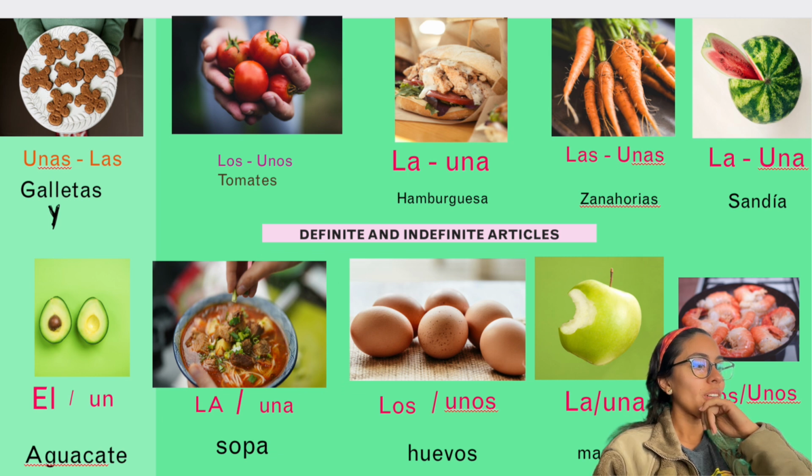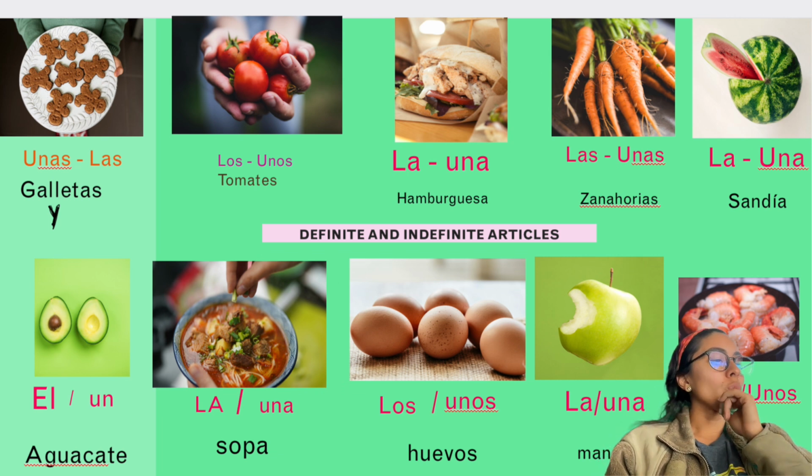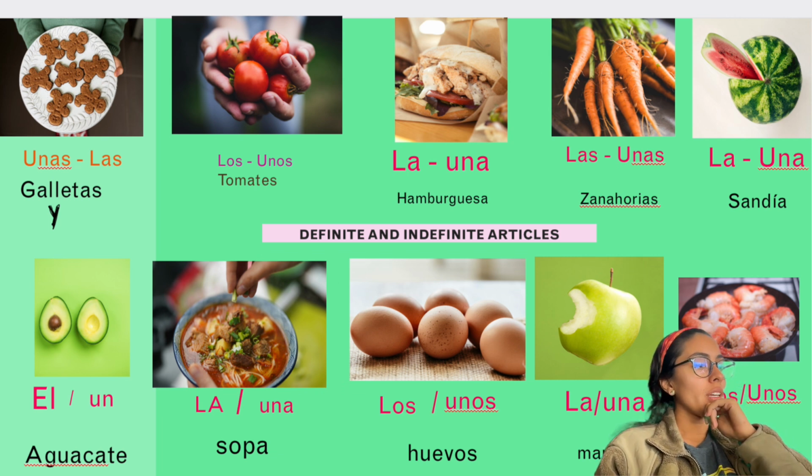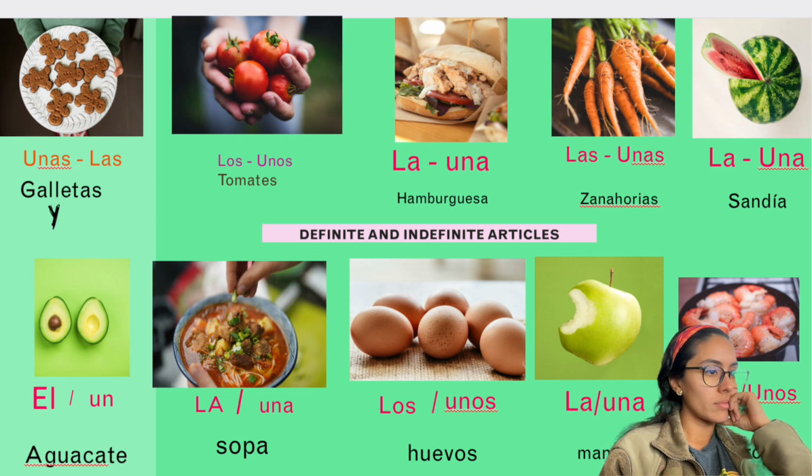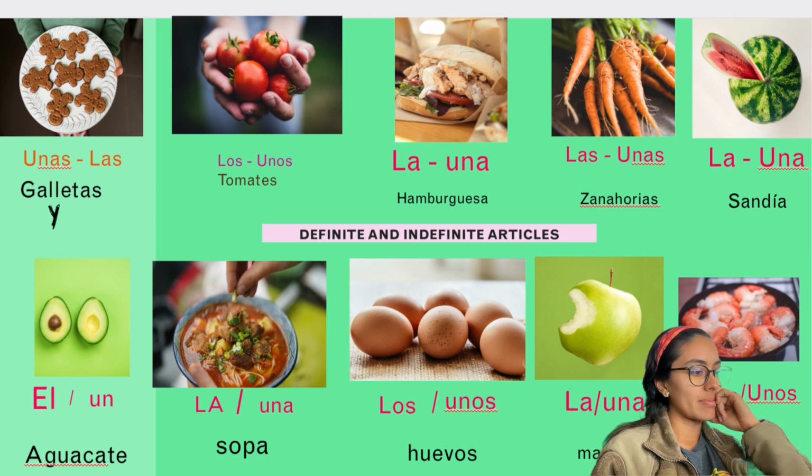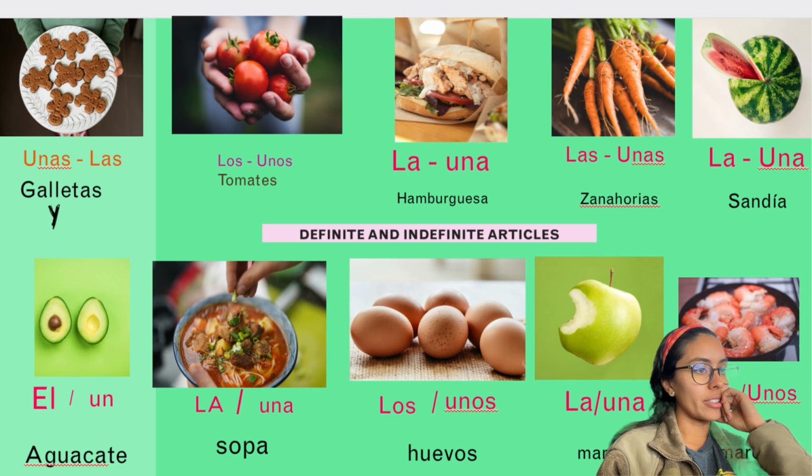Unos galletas. Las galletas. Okay, so on this one, every time in Spanish you see a double L, you're going to think of it as a Y sound, and you're going to make that sound instead. Galletas. Unos galletas, las galletas. Very good. Los tomates.